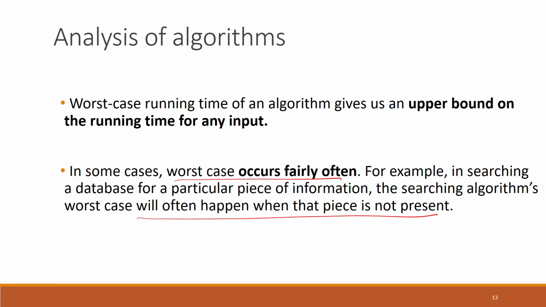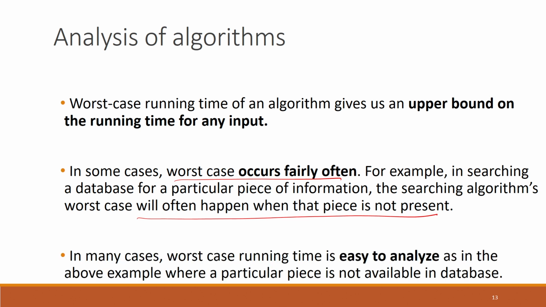So, unless we have this kind of information, determining the average running time may not be very easy, and therefore we focus on the worst case running time. To summarize, in many cases the worst case running time is easy to analyze, as in the above example where a particular piece of information is not available in the database.